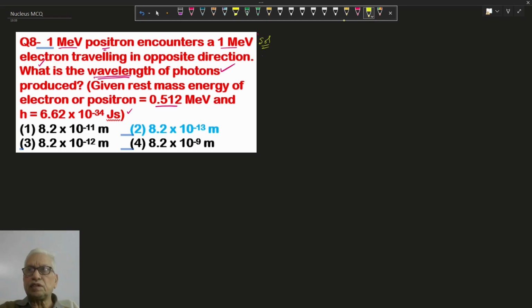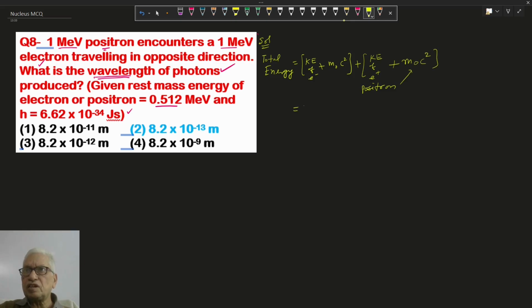Now we know the total energy is equal to the kinetic energy of electron plus the rest mass energy of electron, plus the kinetic energy of positron plus the rest mass energy of positron, as given in the question.